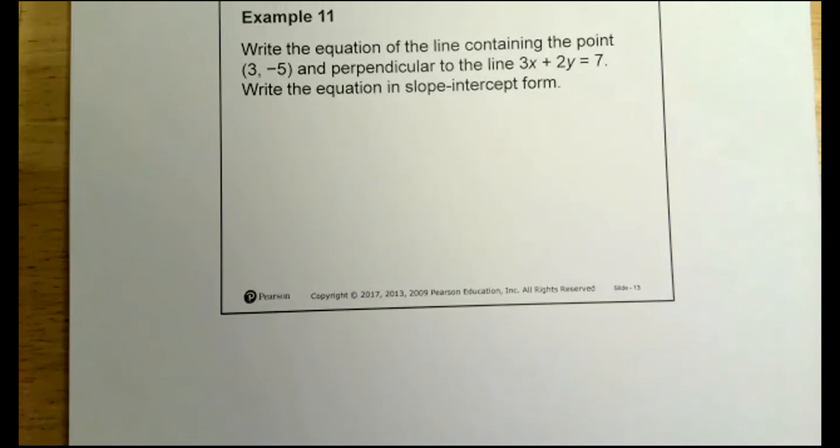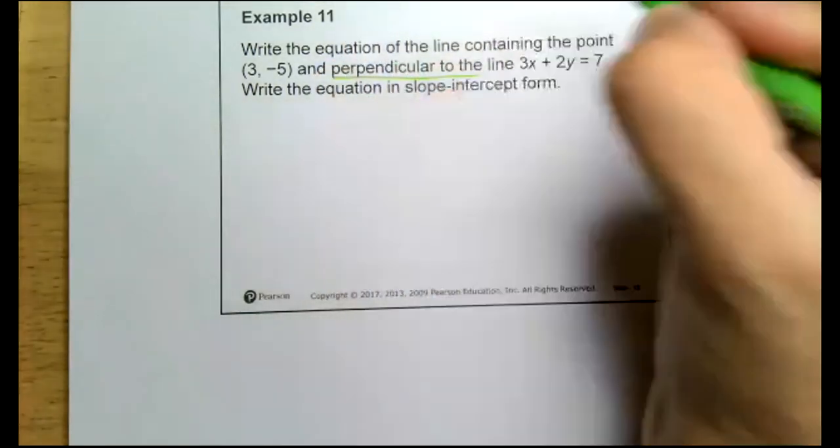All right, last example. Write the equation of the line containing the point 3, -5 and perpendicular to the line 3x plus 2y equals 7. Write it in slope-intercept form. All right, so remember, perpendicular means opposite reciprocal.